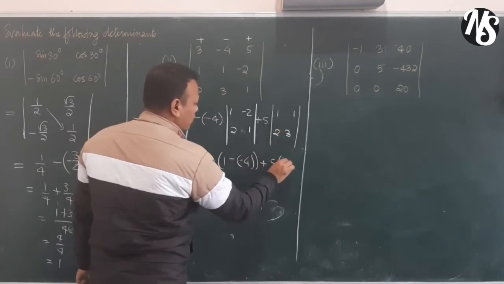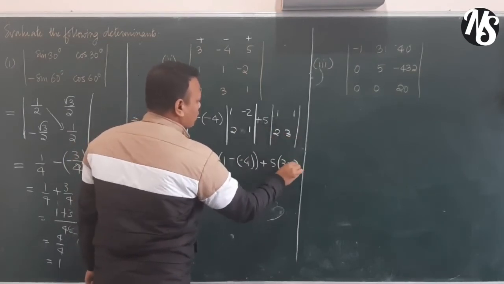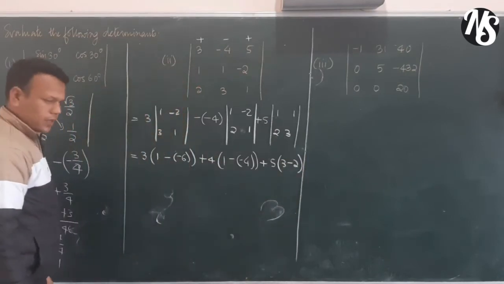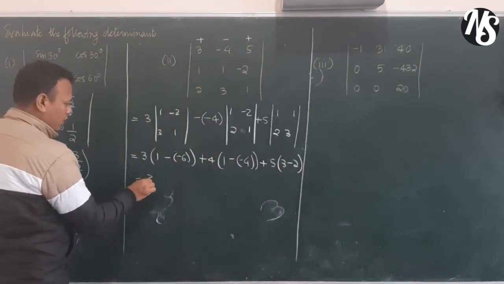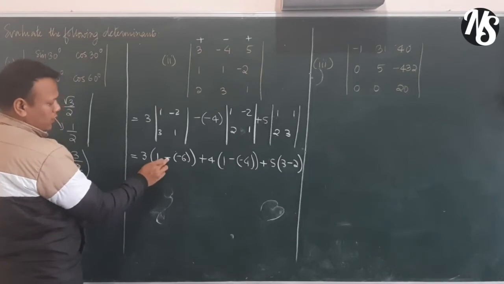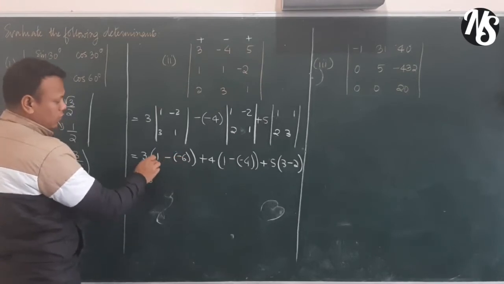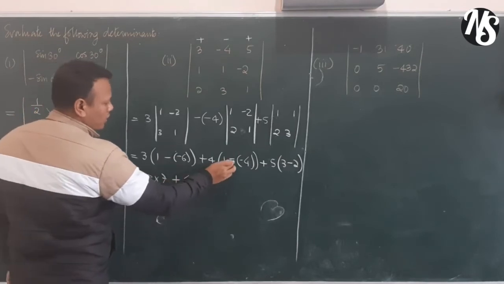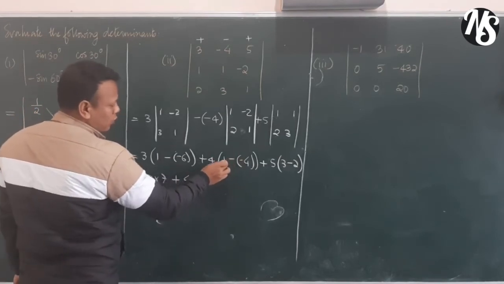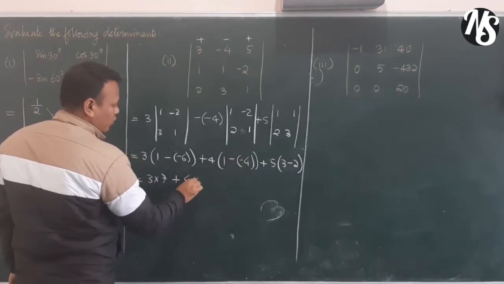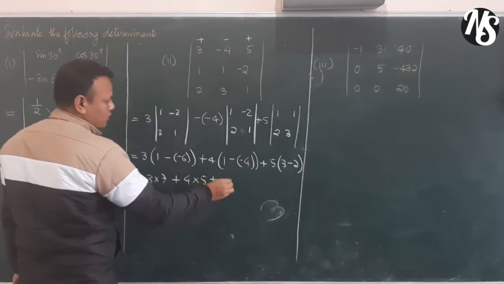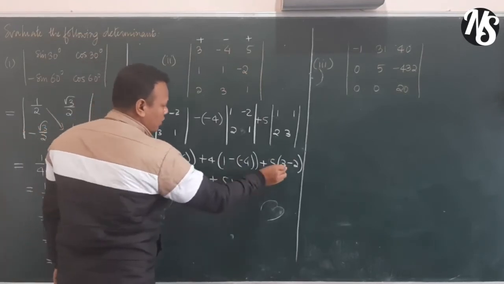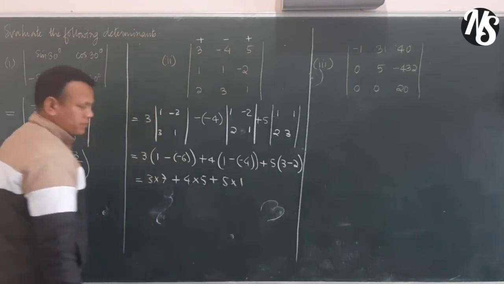So 1 into 3 is 3, minus 2 into 1 is 2. So evaluate this: 1 minus into minus plus 6, so 1 plus 6 is 7. So 3 into 7 plus 4. 1 minus into minus is plus, so 1 plus 4 is 5. So 4 into 5 plus 5 into 3 minus 2 is 1.